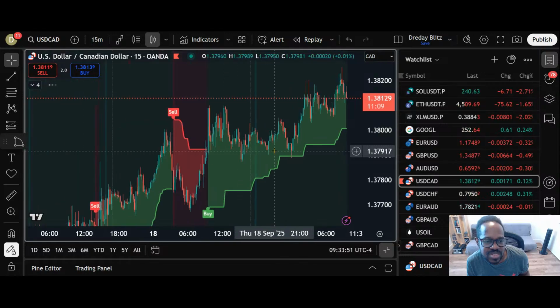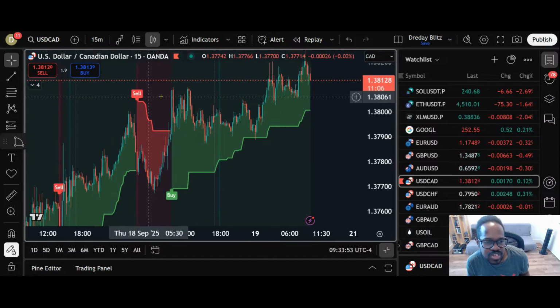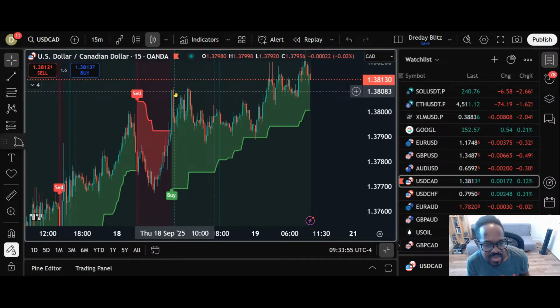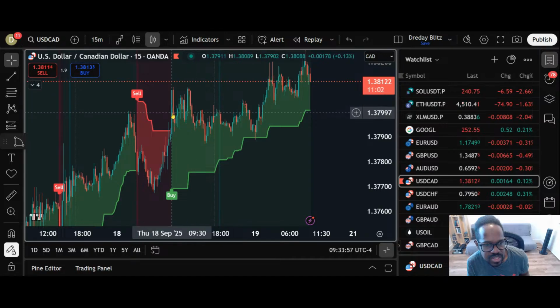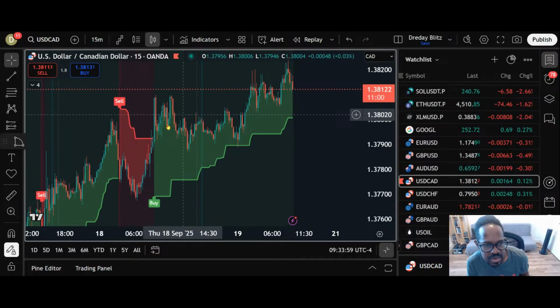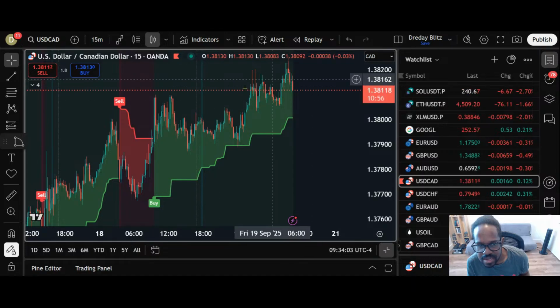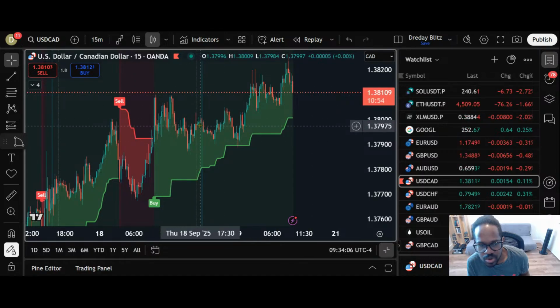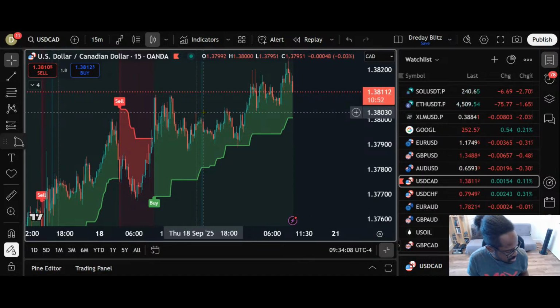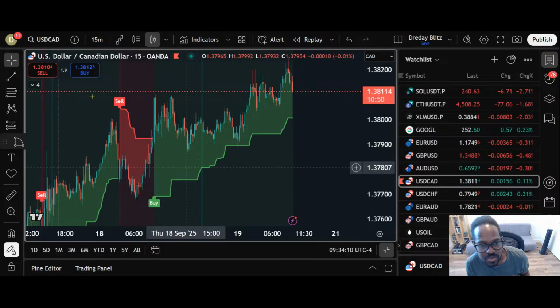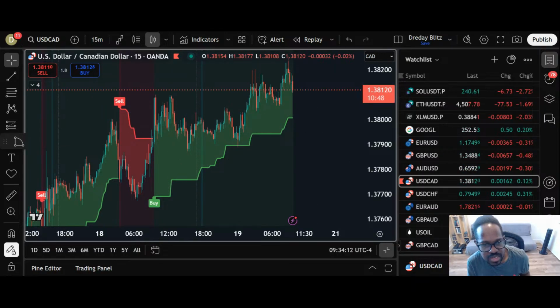As you could see, USD CAD bullish here, right around the same time as the DXY started to reverse in the upside. And also we had some bad news here for CAD today. If you missed the start of the session, we had some bad news for CAD in regards to retail sales. So it pushed the price a little bit higher.